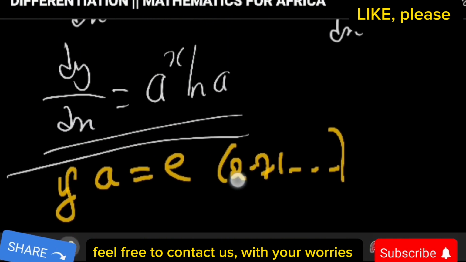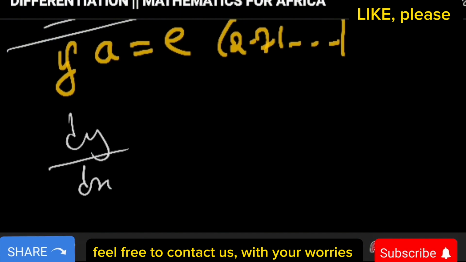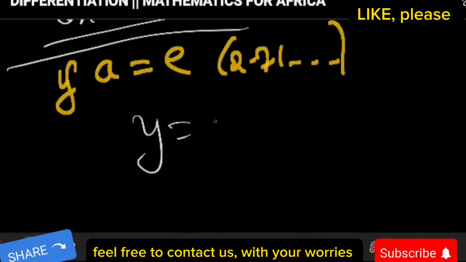So let us make some small assumptions. Let us say, what if a equals e, Euler's number, which is equal to 2.71 something. If a equals that, what will now be our differentiation? Let me first start by putting y equals e to the x.